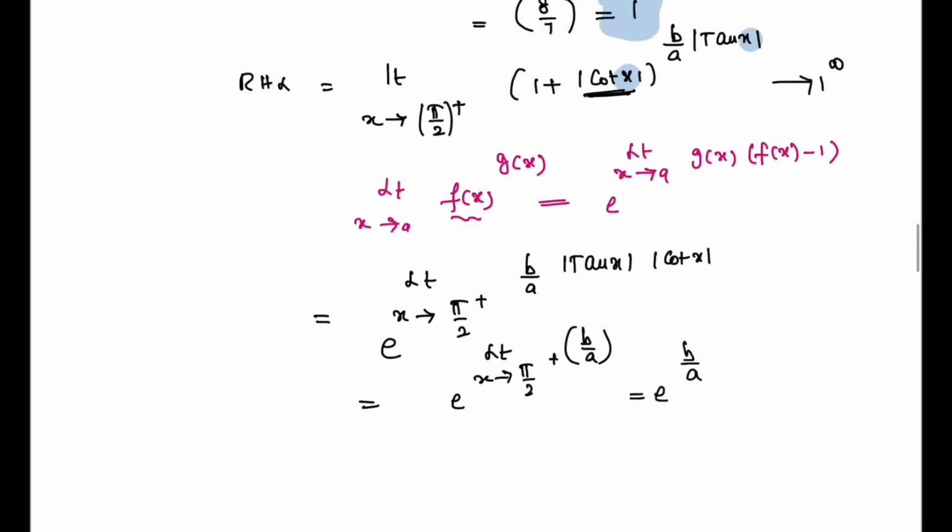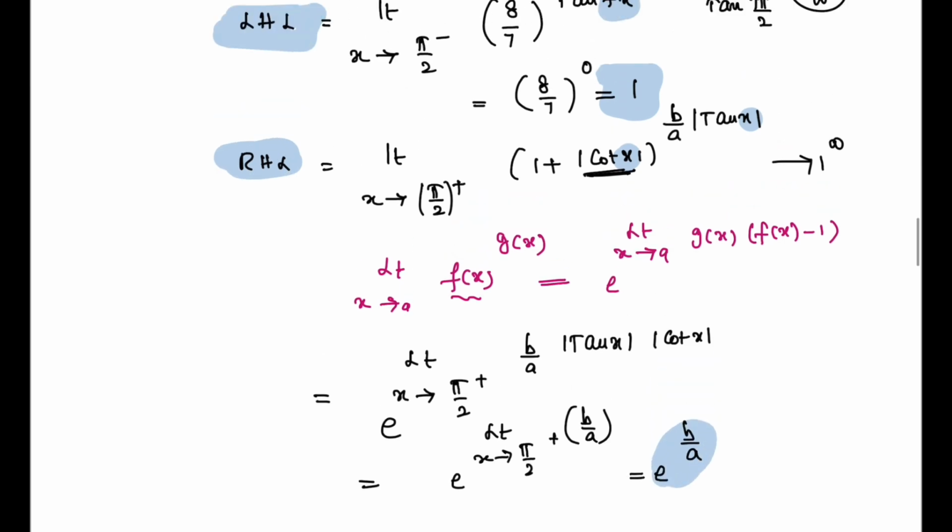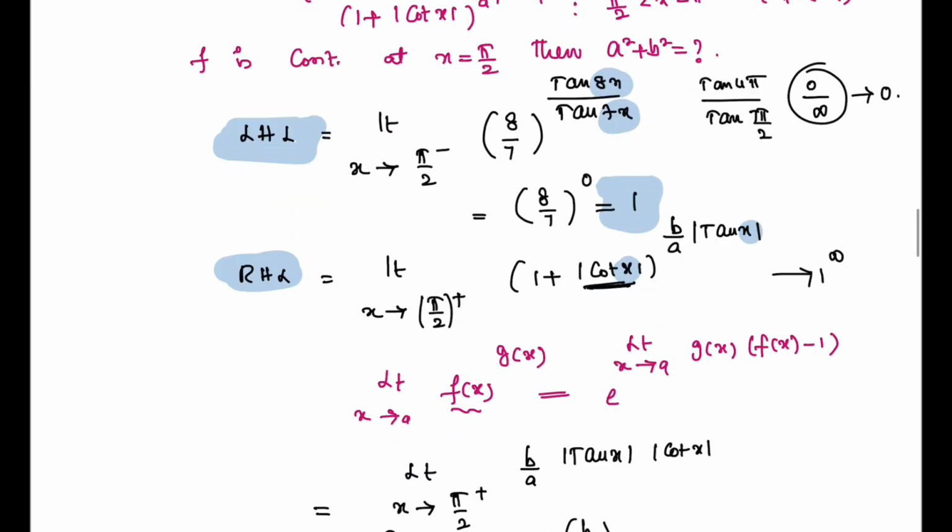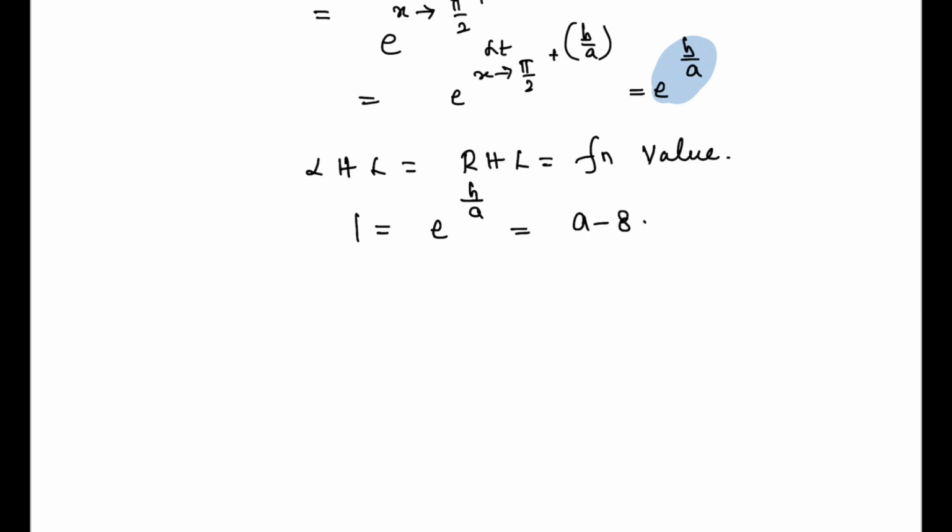So we got the RHL now. RHL is e to the power of b by a, LHL is 1, and the function value is a minus 8. Because of continuity, LHL should be equal to RHL, which should be equal to the function value. So LHL we got 1, RHL we got e to the power of b by a, and the function value is already given as a minus 8 in the question.